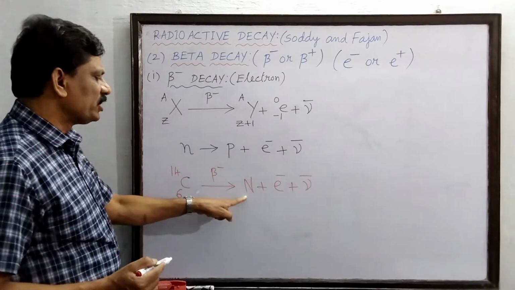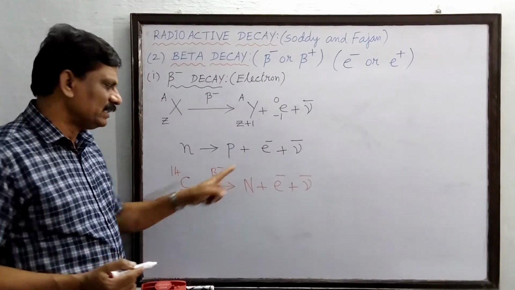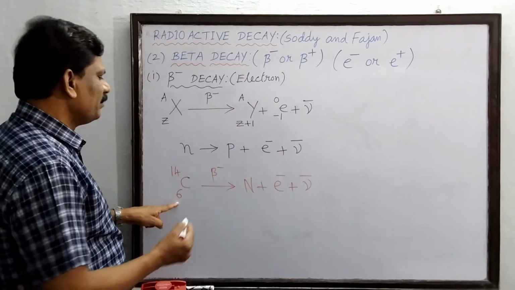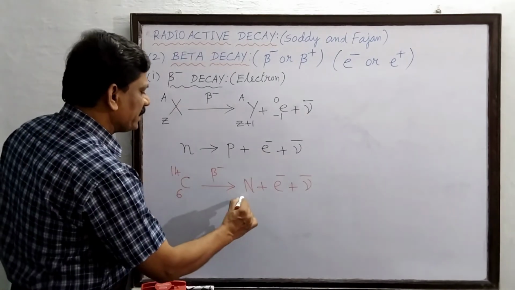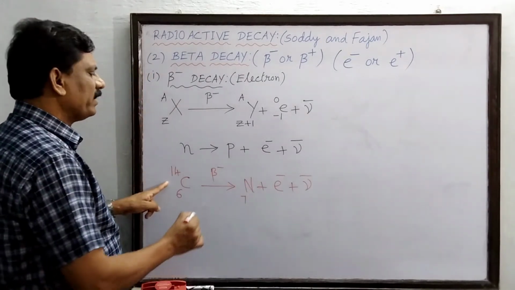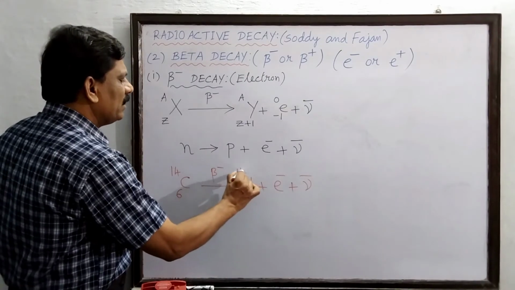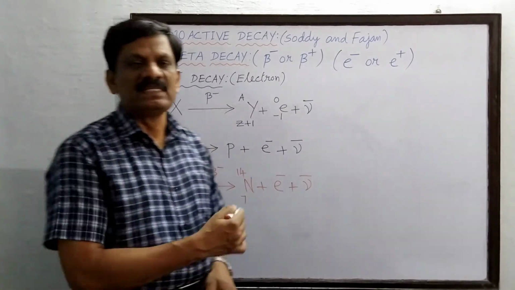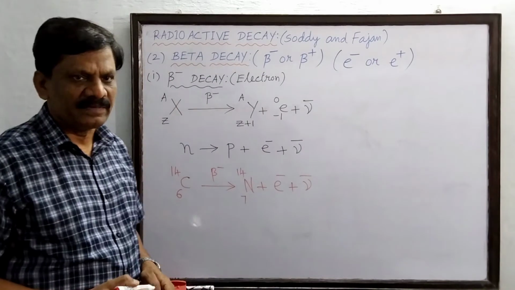Now what must be the charge number and mass number of nitrogen? It is 6 minus of -1. So 6 plus 1 is 7 and 14 minus 0, so this must be 14. So this is the example for beta minus decay.